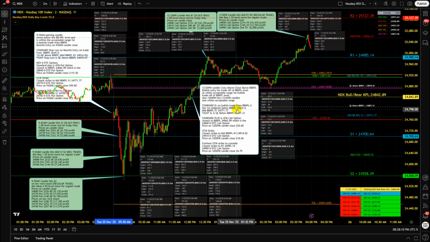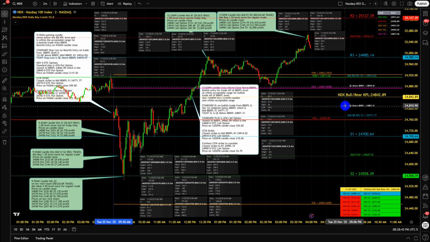Okay, so on the candle close here, the at the money 24,840 is $50. The 24,910 call is $18.60, and the furthest out of the money 24,990 is only $4.70. So one of these options would have only cost you $470. One of these options would have cost you $1,860. And one of these would have cost you $5,000.